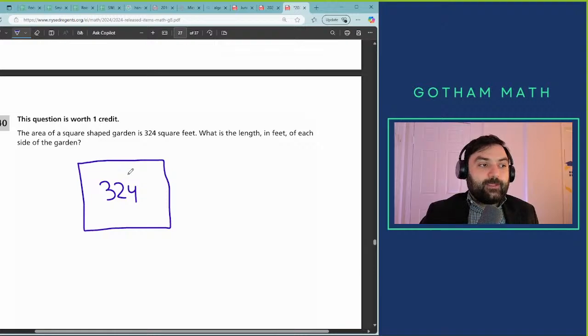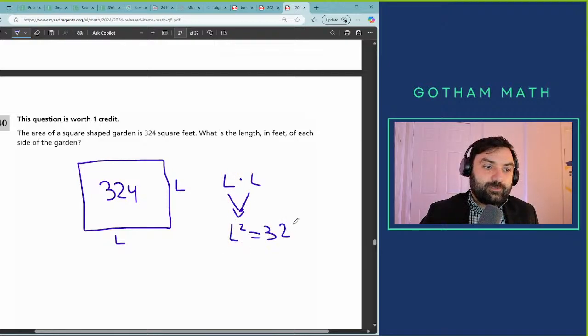Okay, so it means that length times width gave us 324. But in a square, all sides are equal. So we can technically say length times length is 324, or length squared equals 324.